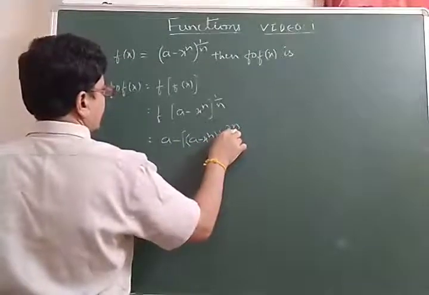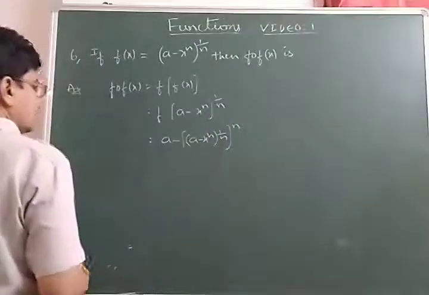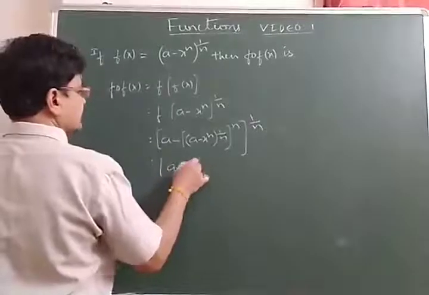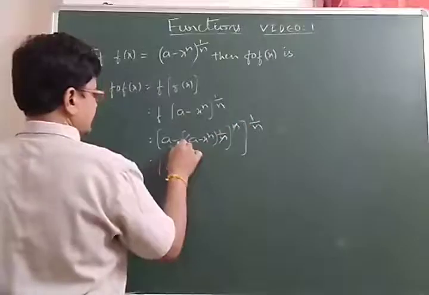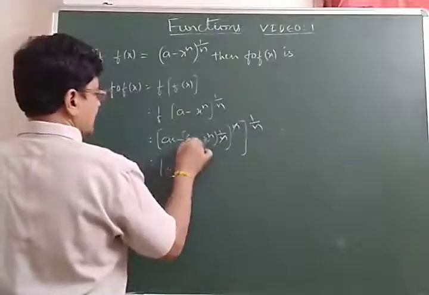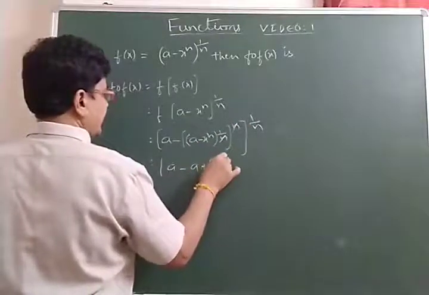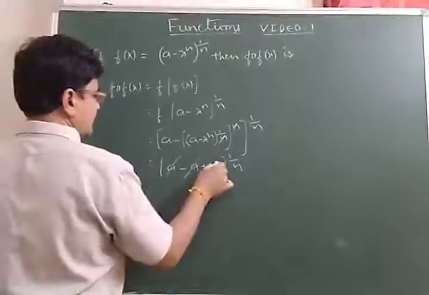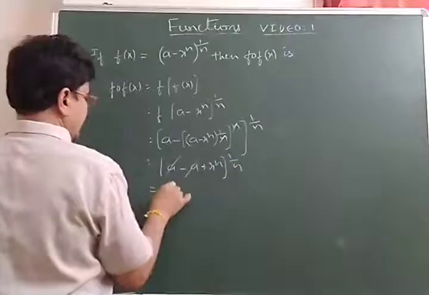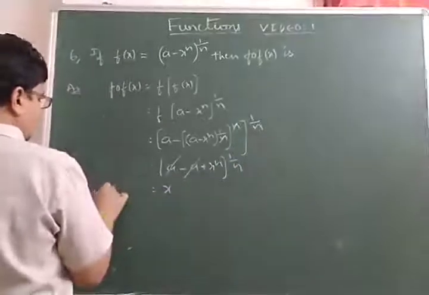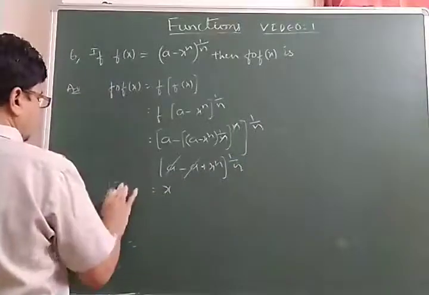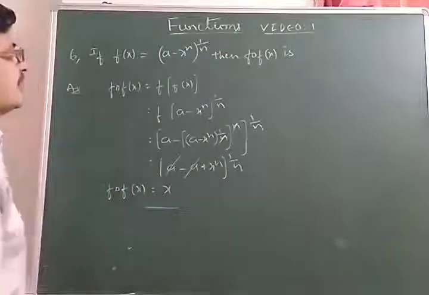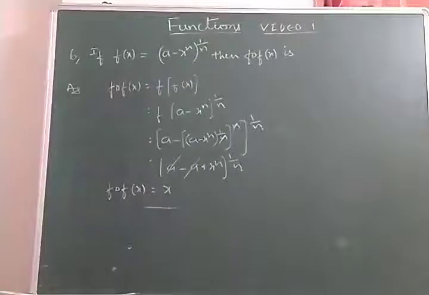The minus a, minus into minus plus x to the power n, whole to the power 1 by n, plus a minus a is cancelled, both n cancel, x. So therefore f circle f of x is equal to x. That is the required solution.